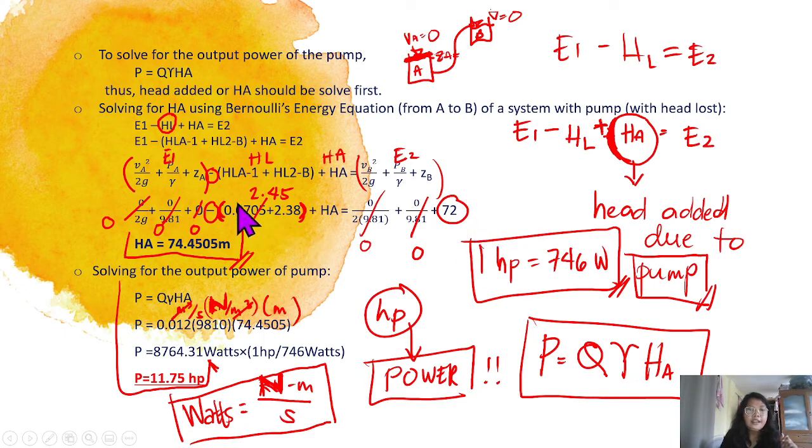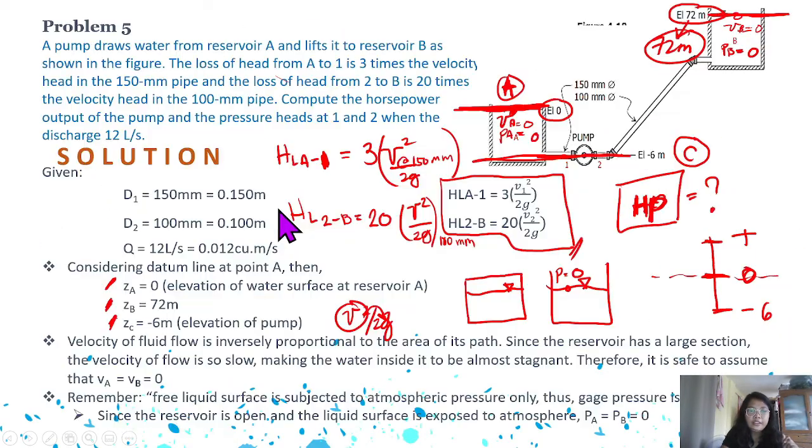Then, dito sa head loss, itong head loss naman, since given naman siya lagi sa problem, may mga gantong terminologies lang na the loss of head from A to 1 is 3 times the velocity head. So, nakakalito siya kung babasahin mo, pero kung i-convert mo na siya into a mathematical equation or form, yun lang pala yun. So, 3 times v squared over 2g.